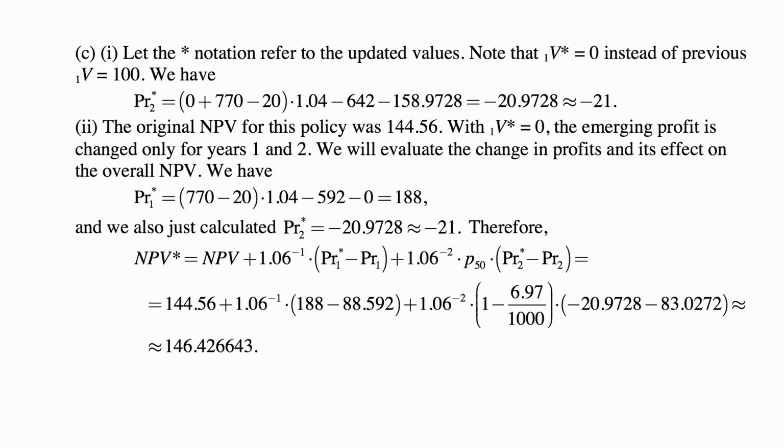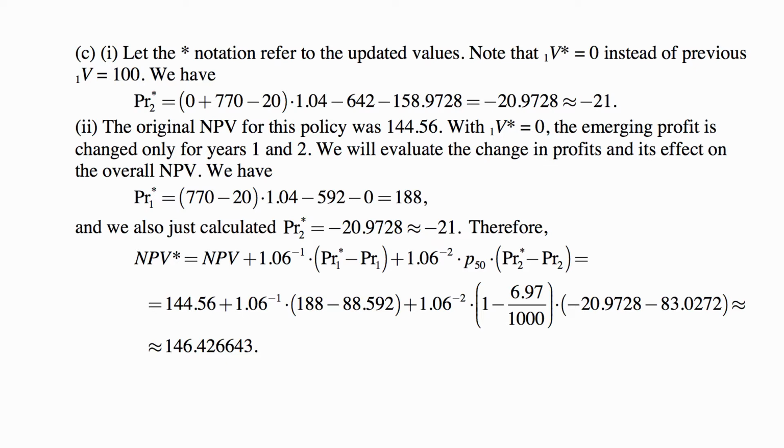And we just calculated the profit for the second year is negative 21. So the new net present value is the previous one plus what we see is accounting for the changes. The star profit versus the previous profit that we had before.